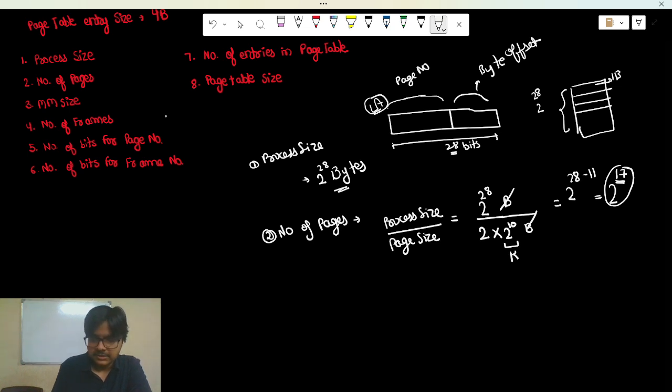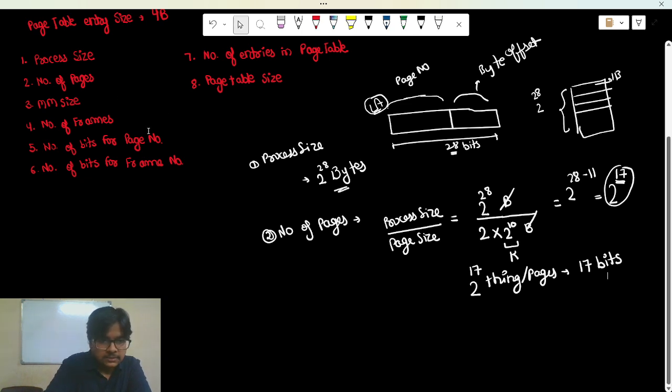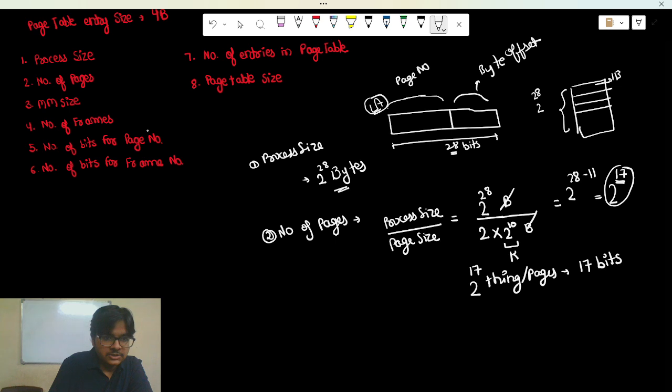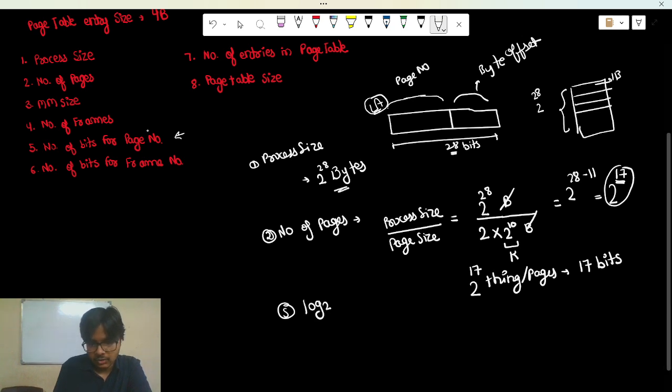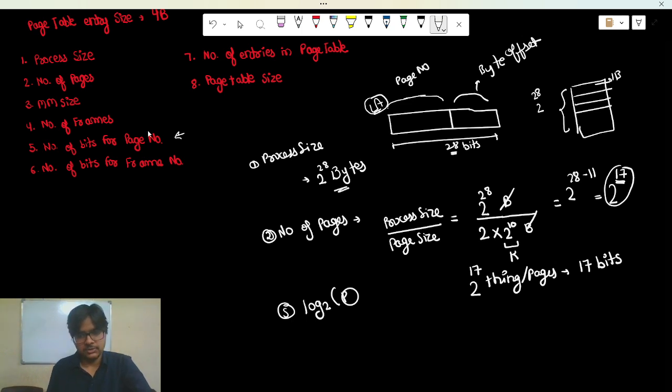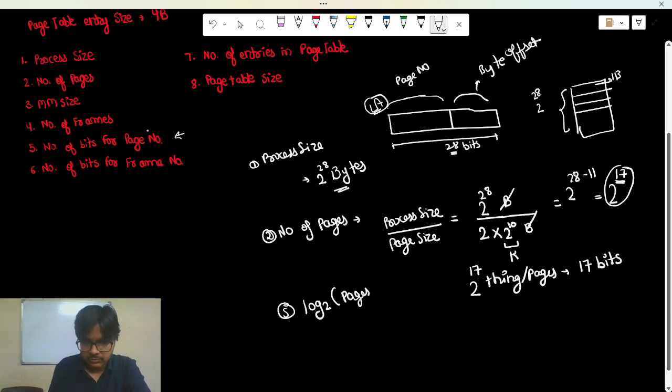Now to represent 2 raised to the power 17 things, things means pages, in binary you would need 17 bits. Or you can say, where is the question to find the number of bits required for page number, from this fifth question. So for the fifth question's answer, the number of bits required for page number is log base 2 of the number of pages.